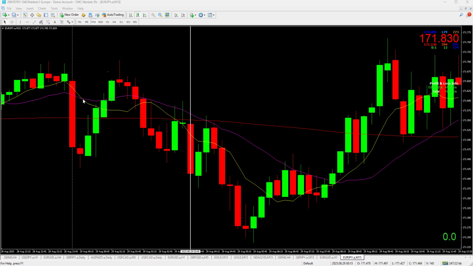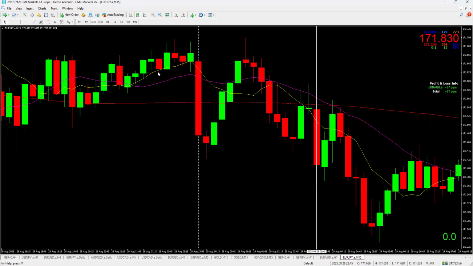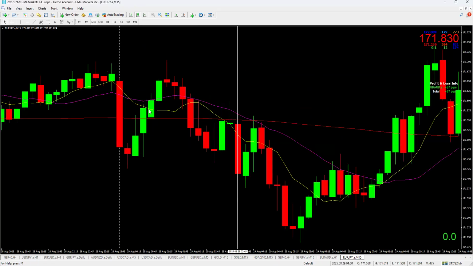The 8 crossed the 20 to the downside, but you had the 200, so it's not an established trend. If the 8 was there, the 20 there, and the 200, you'd be looking to buy. But on this occasion it had crossed to the downside. So we are thinking, okay, the moving averages are not arranged in order, so we will do nothing until it's arranged in order.